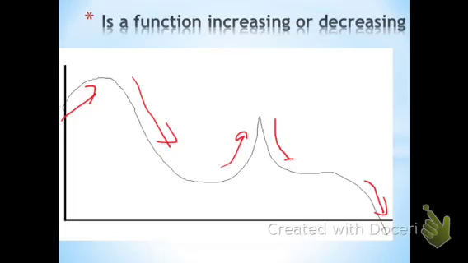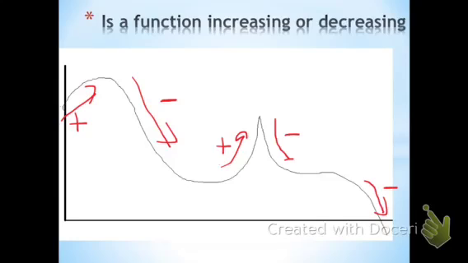Well, think back. The whole purpose of the first derivative is to tell us the slope of the original function at some point x. So the derivative of this function would tell me that we're increasing here, we're decreasing there, we're increasing there, we're decreasing, we're decreasing.